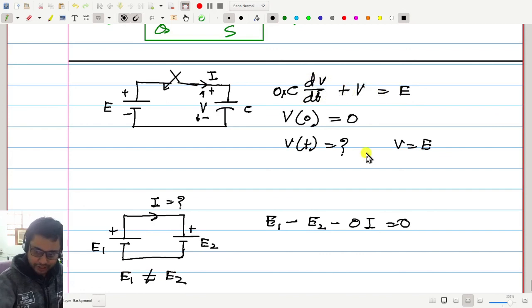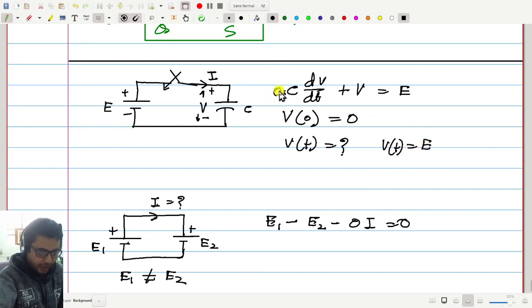This term is not at all there. So this is the only solution, V of t is equal to E. Now in addition to that, I impose the initial condition, V0 equal to 0. Oh, but there is no such solution which simultaneously satisfies both of these, because here I have only one solution.